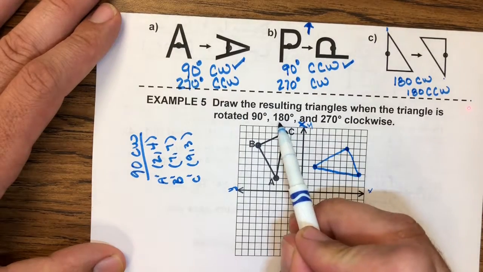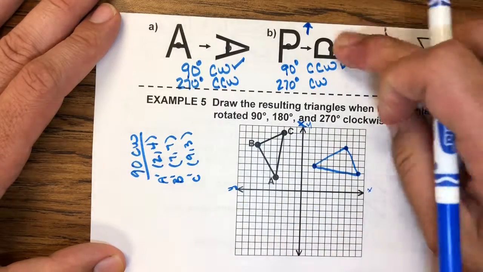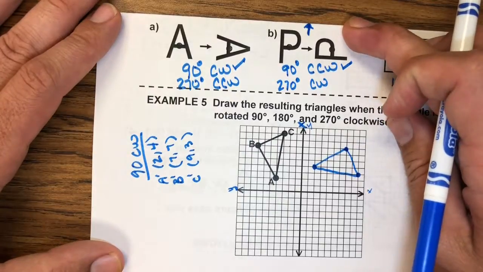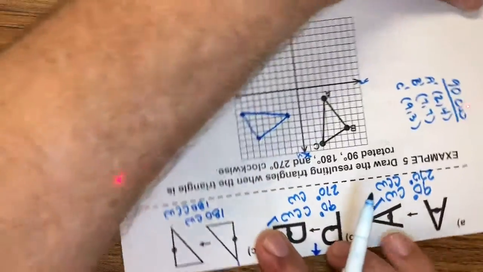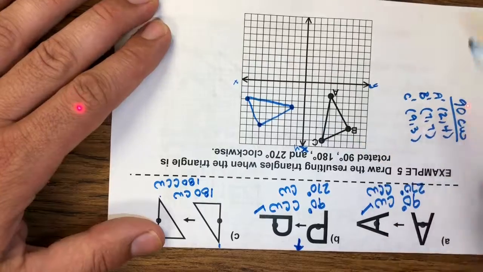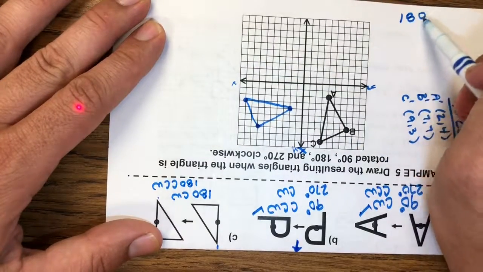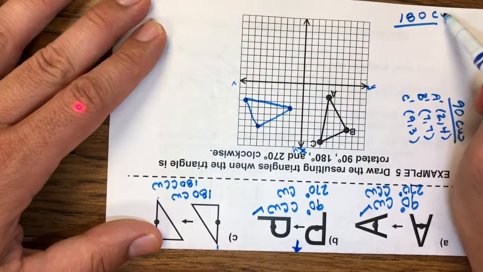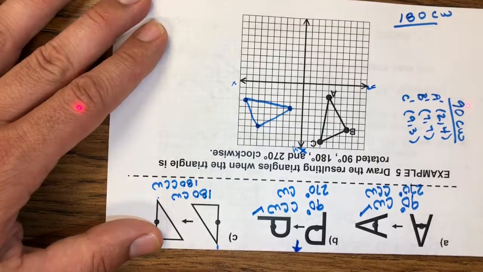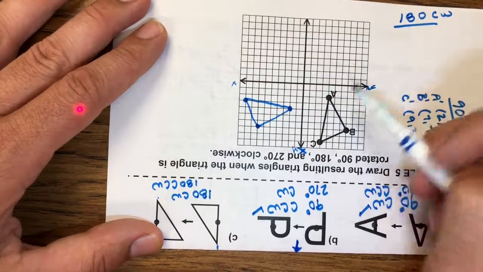Now we're going to repeat this. We're going to go 180 degrees. So I'm going to take the paper and rotate it 180 degrees. Boom. Now I'm going to look. This is 180 degrees, and we could say it's clockwise or counterclockwise. It doesn't matter. But now, where's the A?